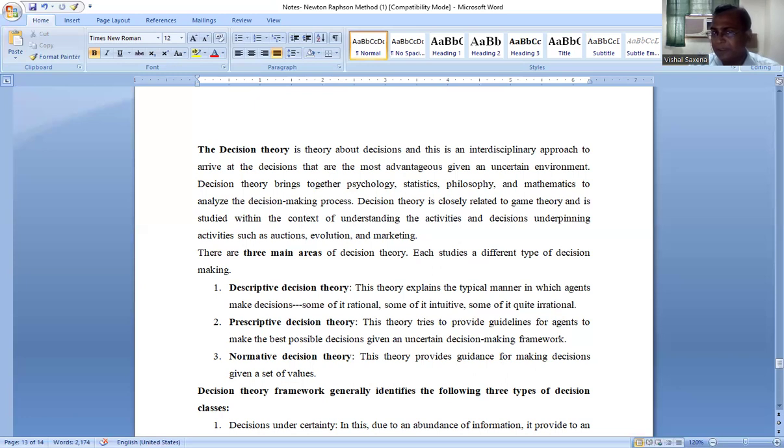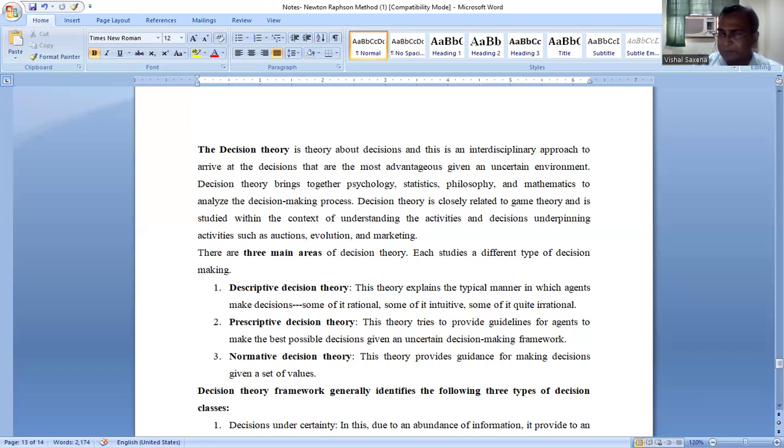The main three areas of decision theory are descriptive decision theory, prescriptive decision theory, and normative decision theory. First is descriptive decision theory, which explains the typical manner in which agents make decisions, some rational, some intuitive, and some quite irrational.